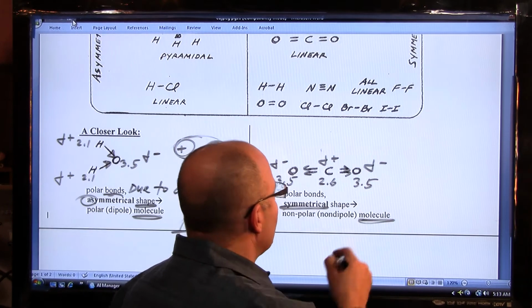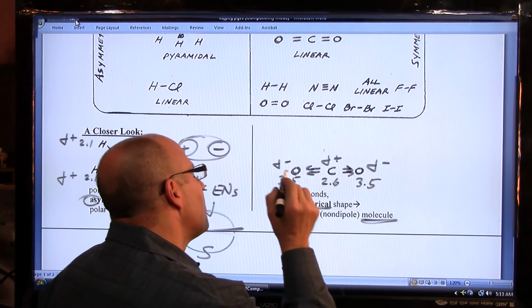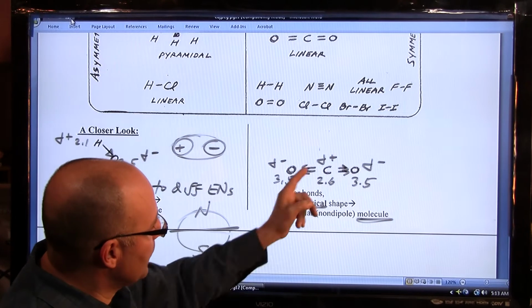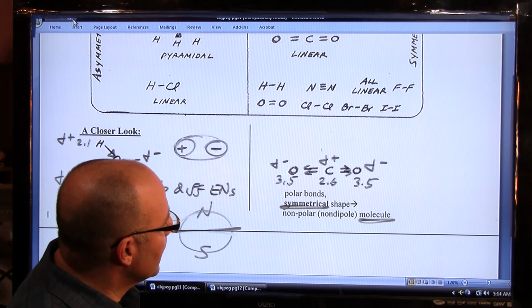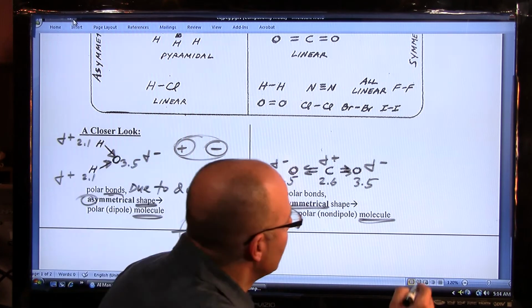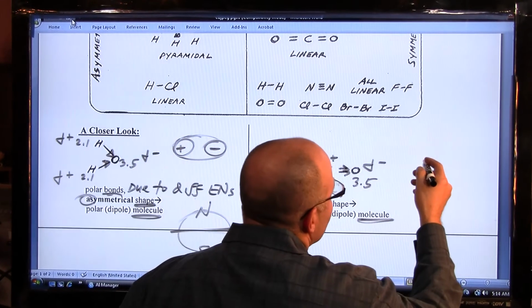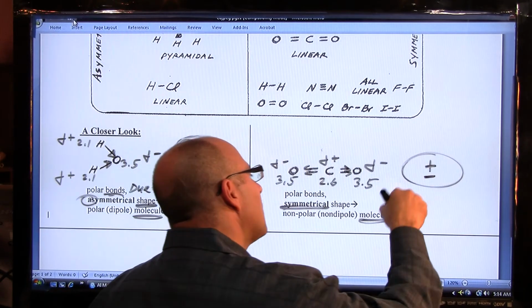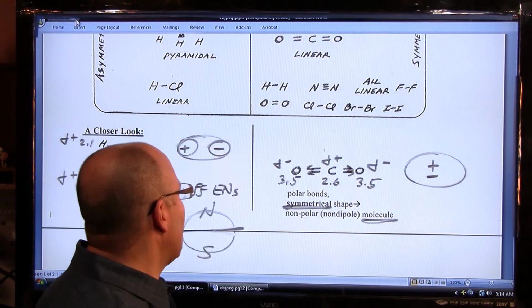Or, another way of saying it is, the center of positive charge, the place in this molecule where positive charge is focused, is the carbon. And the center of these two negatives is also the carbon. So what we're saying is, in this molecule, the centers of positive and negative are in the center, and so they cancel out.